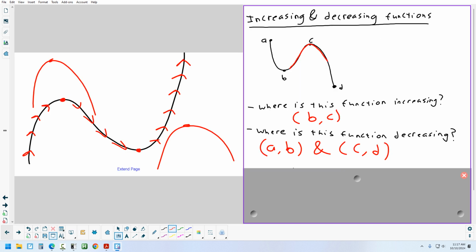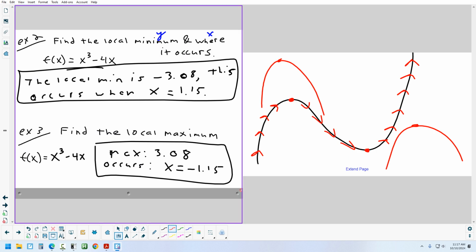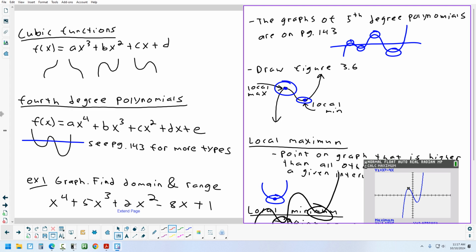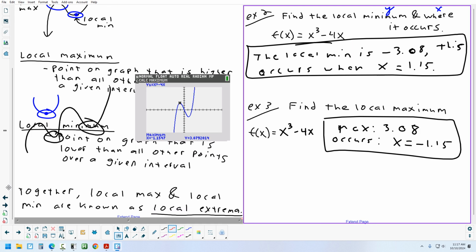So let's go back to the problem we just did and see if we can describe where our function is increasing and where it's decreasing. But this time I don't want to use A, B, C, and D. I want to use the numbers. Okay. So I'm going to just make this example 4.